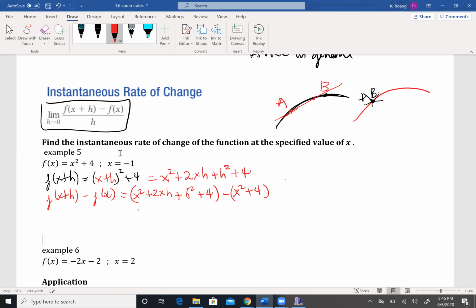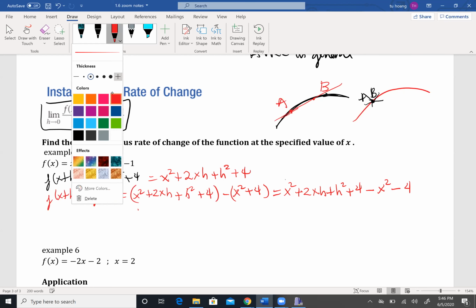Don't forget the parentheses, all the way. And now you're going to open the parentheses. The first one, don't change anything. And minus for the second one, change the sign because of the negative.